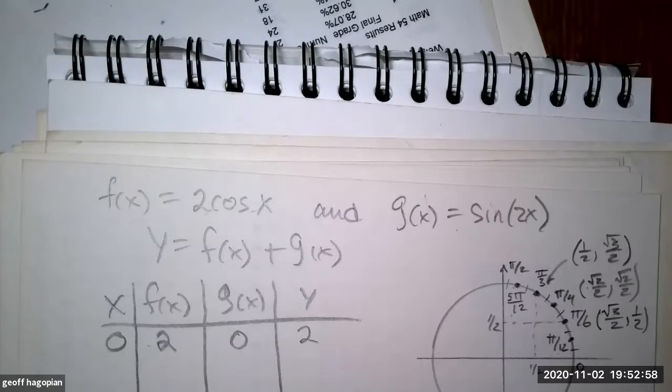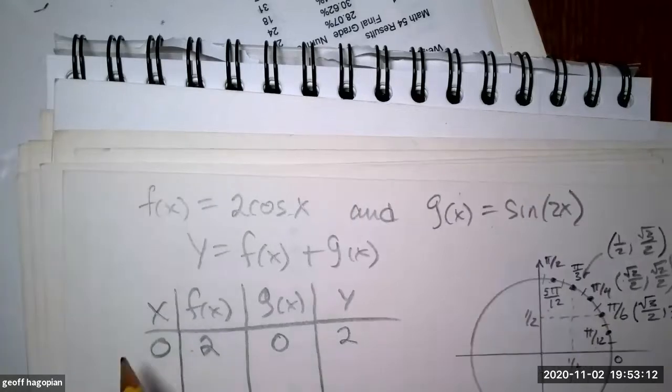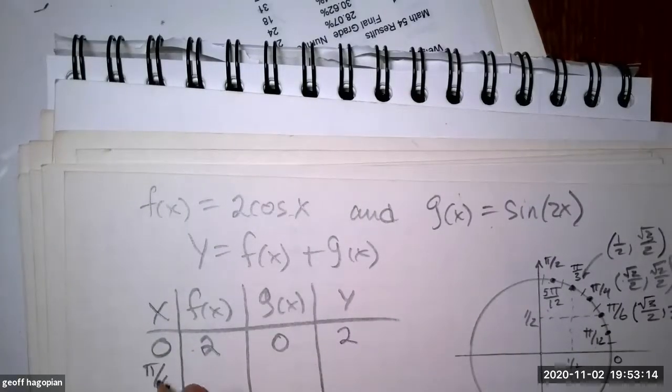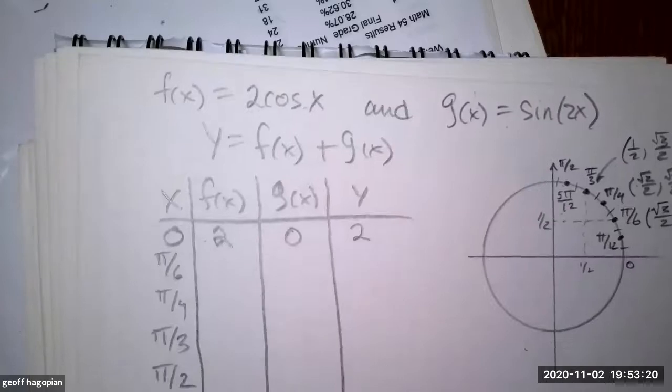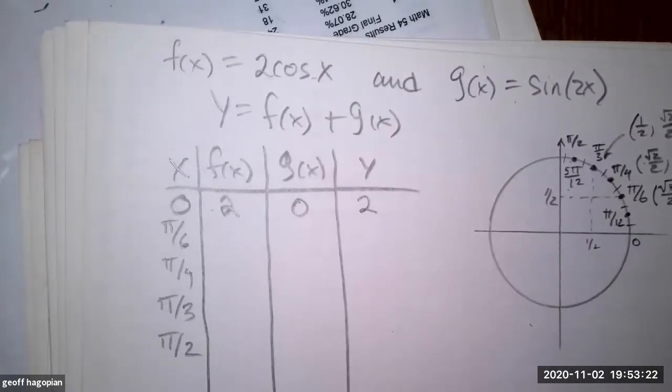Okay, so what should we pick? Well, for 2x, we could choose pi over 12 because twice pi over 12 is pi over 6, and we know what that is. But we don't know what cosine is at pi over 12. So we're just going to stick with the usual suspects: pi over 6, pi over 4, pi over 3, pi over 2, and see where we get.